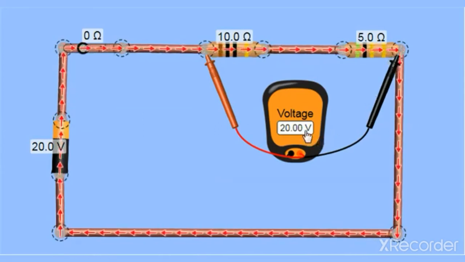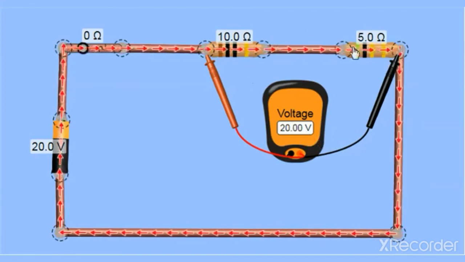The voltmeter shows the summation of voltage drop across these two resistances, which is 20 volt. So 13.33 plus 6.67, the summation of voltage drop across the 10 ohm and 5 ohm resistances, is 20 volt. So the summation of voltage rise is equal to the summation of voltage drop. This is Kirchhoff's voltage law.